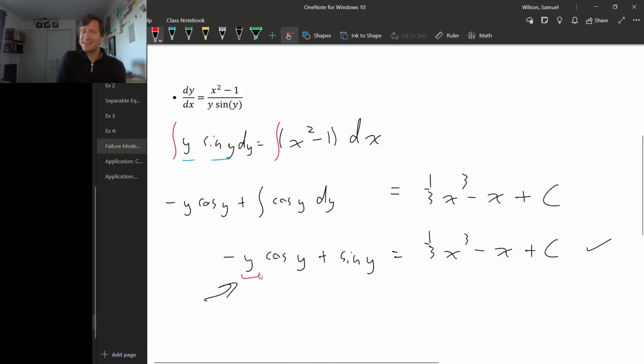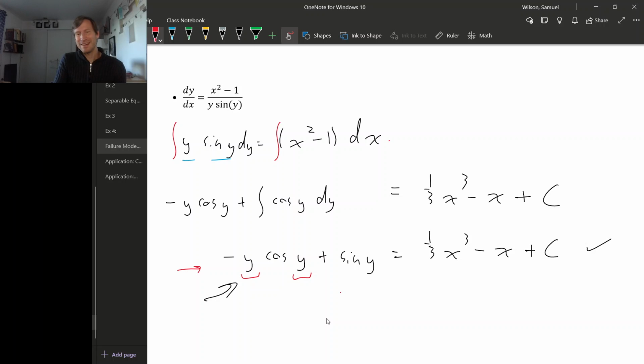When you have a y that's inside a trig function and outside a trig function, usually you're not going to be able to solve for y. If we had a particular x value on the right-hand side, we could approximate a solution for y, but there's not going to be a formula we can write down for y here. The equation that we get is just too messy to solve. So we were able to do the integral, but then we couldn't solve the resulting equation for y.